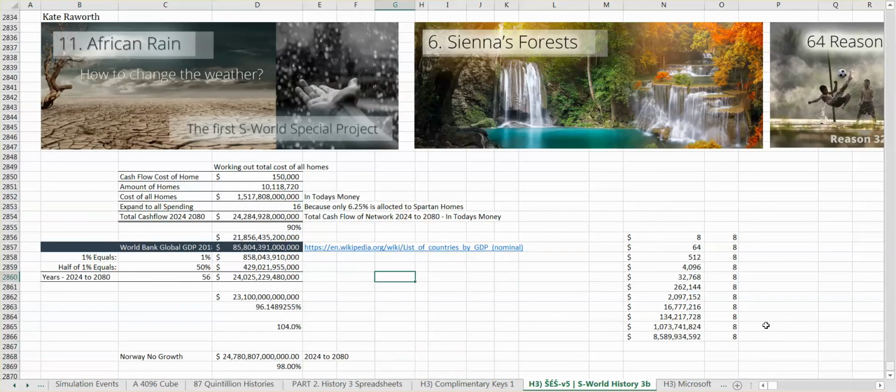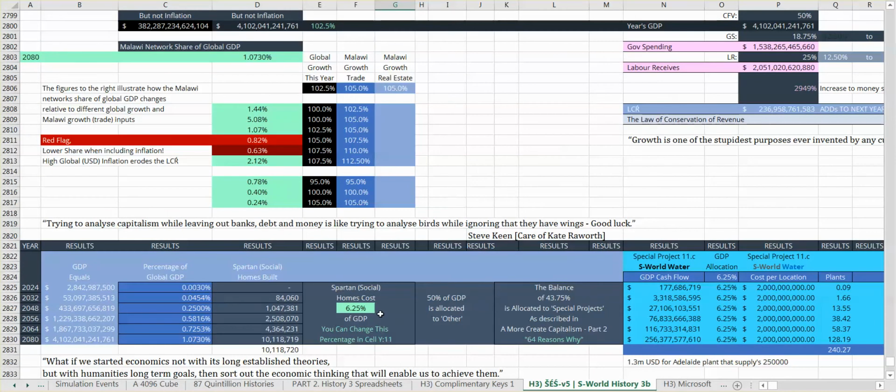Now let's have a look at the housing. So if we spend 6.25% of all of cash flow on social housing, but 5-star social housing, this here tells us how many houses we'll have built, and it says 10 million, 10.1 million.